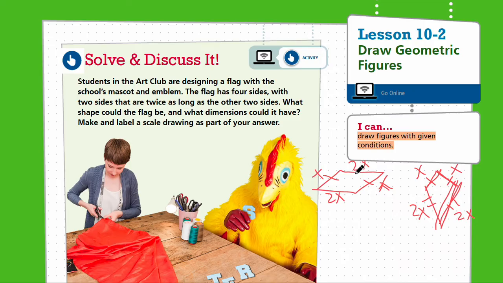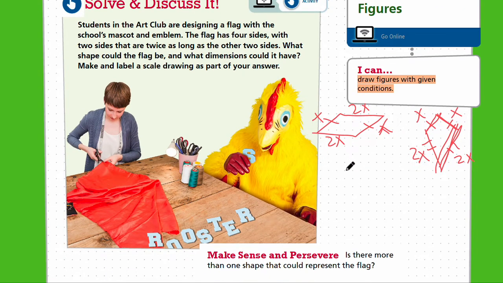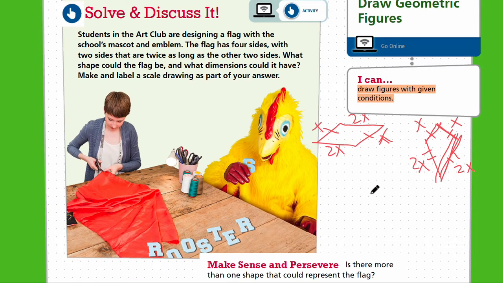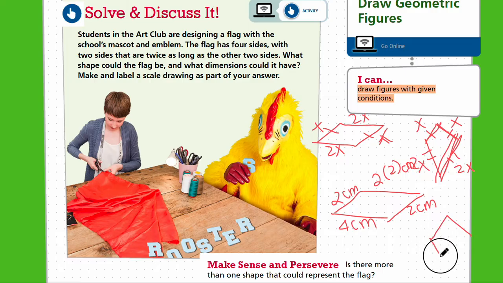So dimensions, you could do any numbers as an example. So let's see. I'm going to do both. You don't have to write both, but I'm going to say, okay, for my parallelogram, if this was 2 centimeters, the longer side would be twice as long, which is 4 centimeters. Okay, so what about the kite?